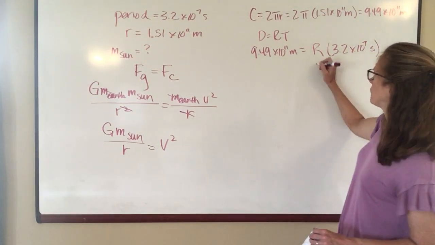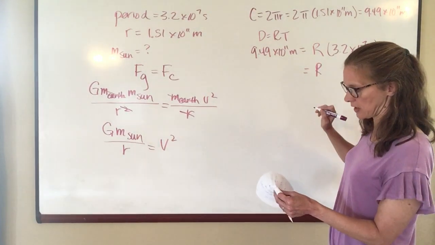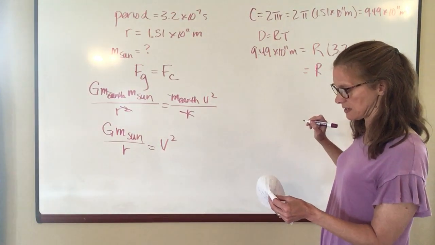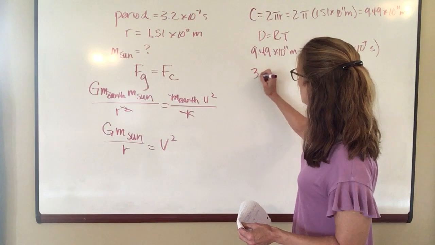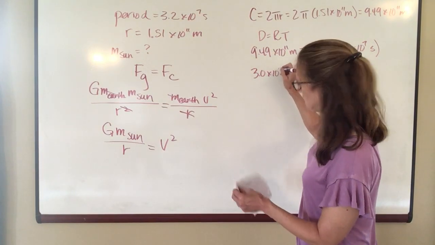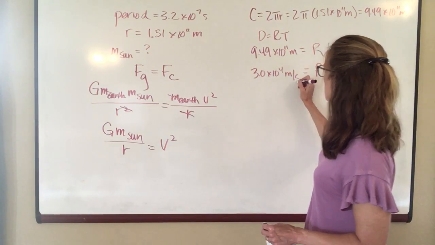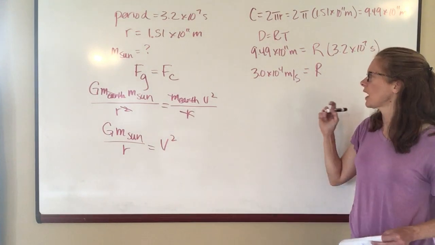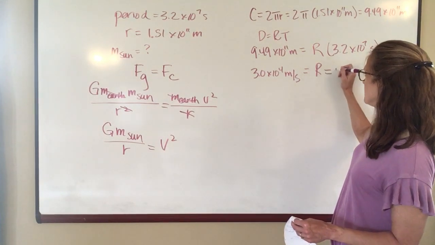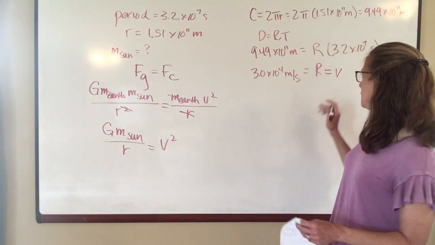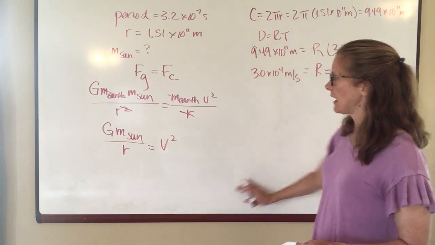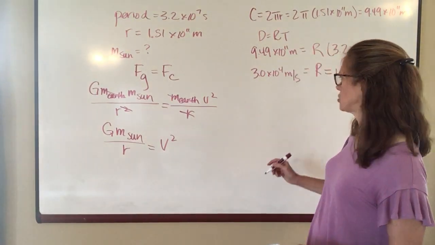Okay, so then when I divide that, I come up with a rate or a velocity of 3.0 times 10 to the 4th meters per second. Okay, so now that is the same thing as my velocity. So I can now plug it into this equation.